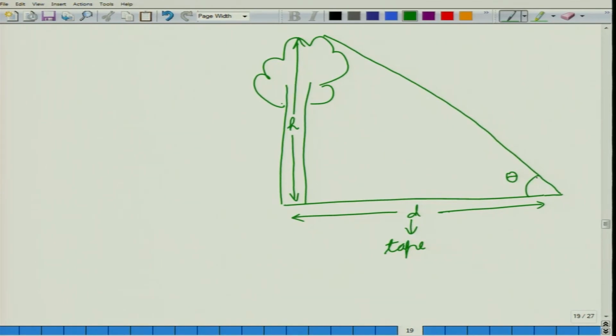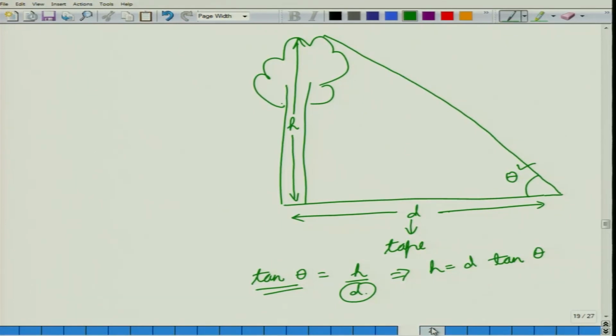Theta is something that we can very easily measure with a protractor or by using some specific equipment that we have. So, how do we get the height of the tree? Well, we can use the relation tan theta equals h by d. So, essentially if you know theta, you can find out tan theta, you know d. So, h equals d tan theta. So, h can be easily measured.